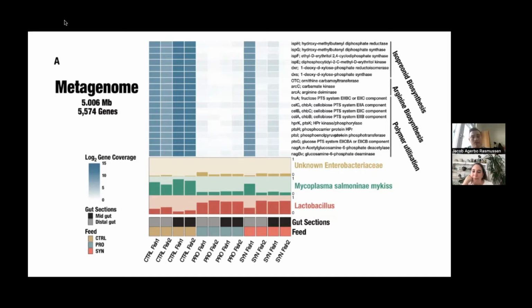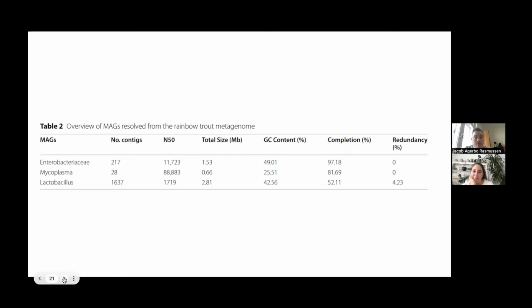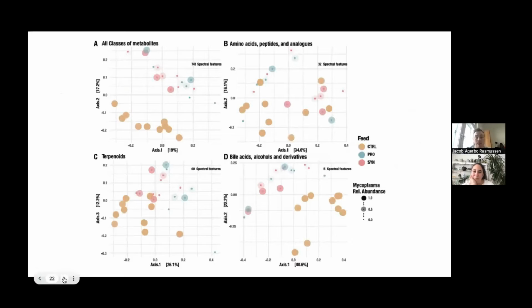We validated, in the end, how the metabolic alteration is behaving in the same way as the microbiome composition and the microbiome genetic composition also. That's actually what we see on the screen here.